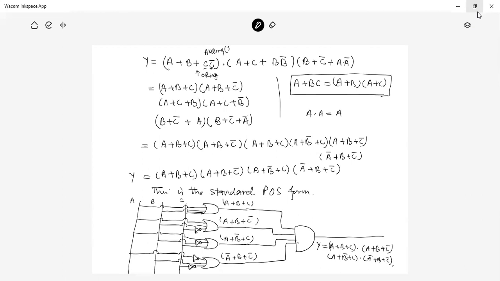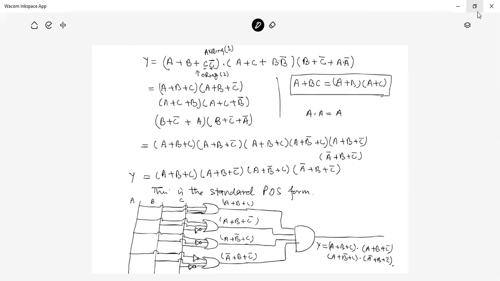So first expression is ANDing and second is ORing. Similarly, this process continues in the other terms: A plus C plus B dot B bar, where B is missing. Here it is B plus C, and A is missing, so this is A dot A bar. Now, these are the expressions.